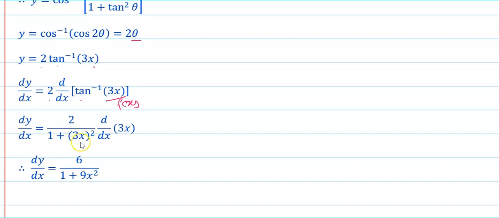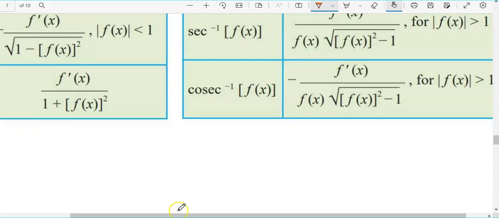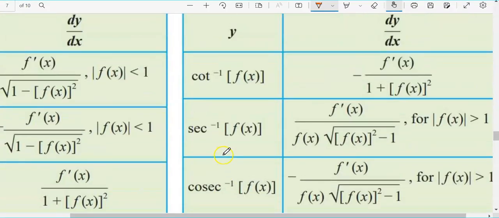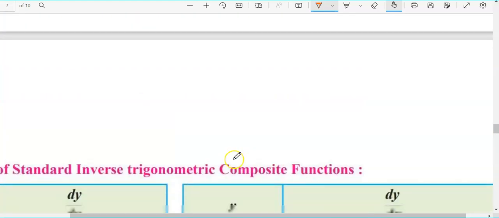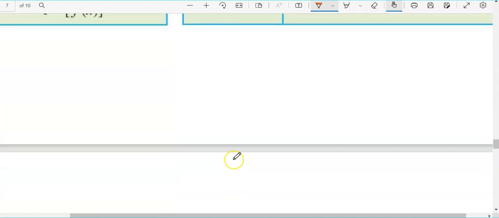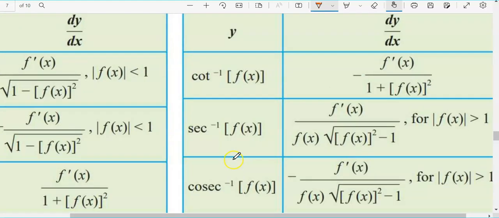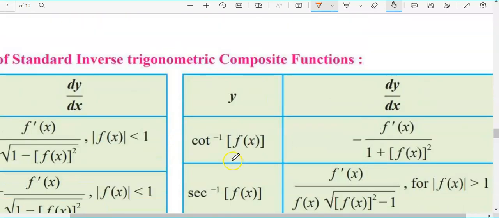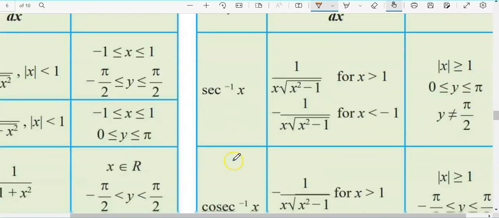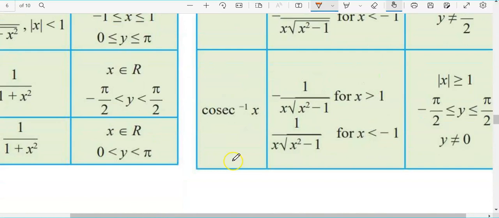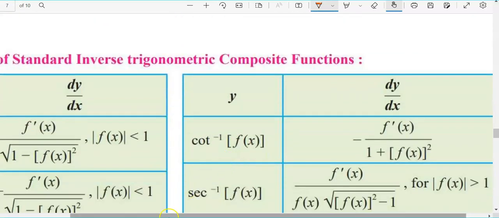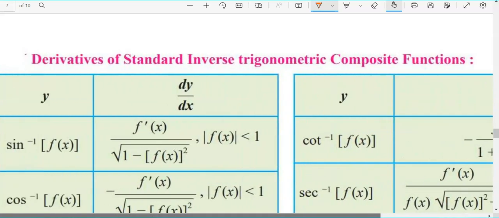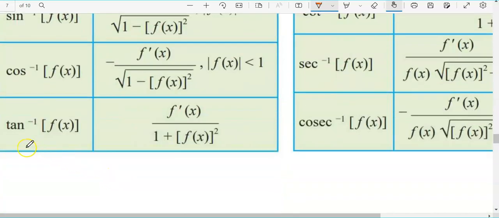Whatever the angle is, it is squared. You can see this here: the derivatives of cos inverse, cosec inverse, cot inverse, sin inverse, sec inverse and tan inverse.